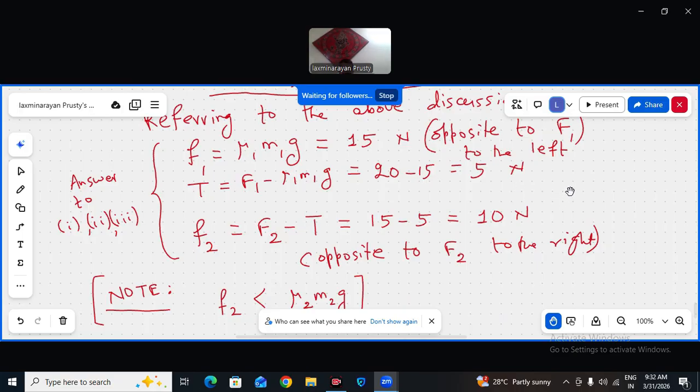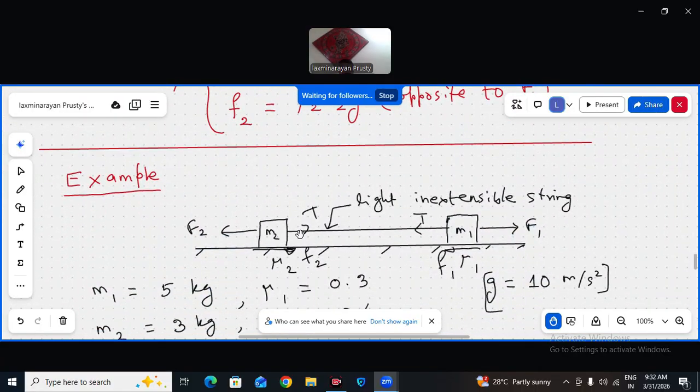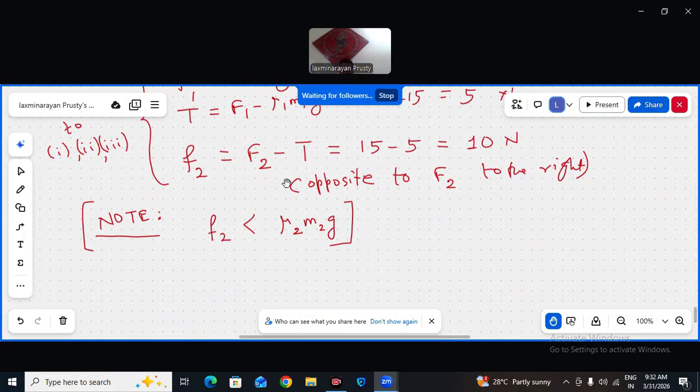If tension is 5 Newton, then what is F2? This F2 is 15 Newton. So obviously, because there is no acceleration and it is equilibrium, it is 5 Newton and 15 Newton. So this must be 10 Newton. So small f2 is capital F2 minus T, that is 10 Newton.